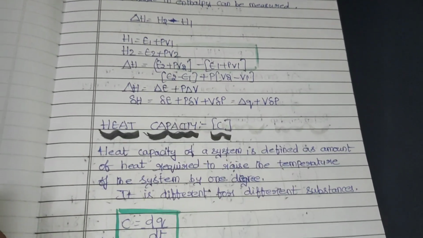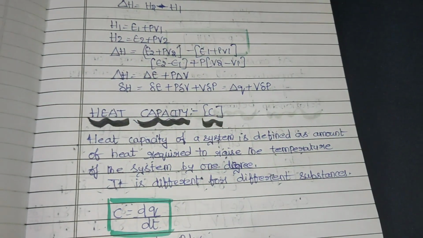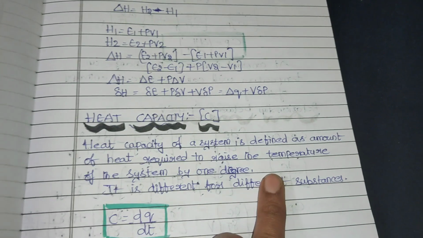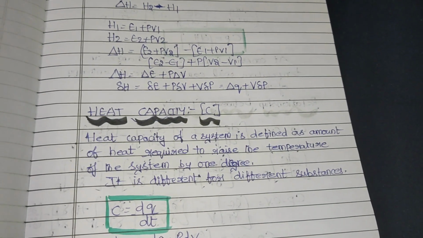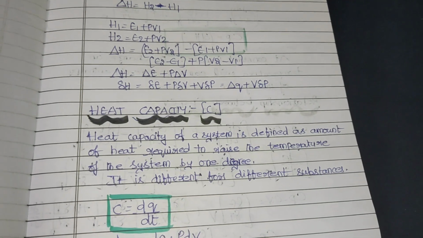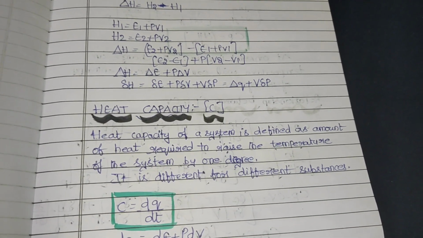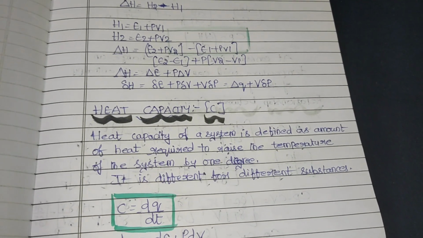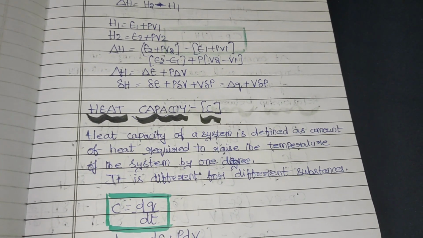Then next is heat capacity, which is represented by C. Heat capacity of a system is defined as the amount of heat required to raise the temperature of the system by 1 degree. If we take one system, it is the amount of heat we are giving to raise its temperature by 1 degree. For different substances, this heat capacity is different.